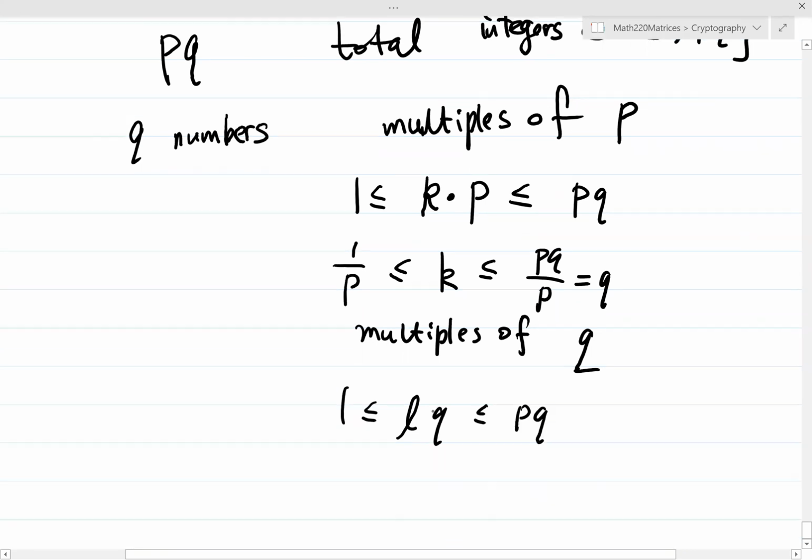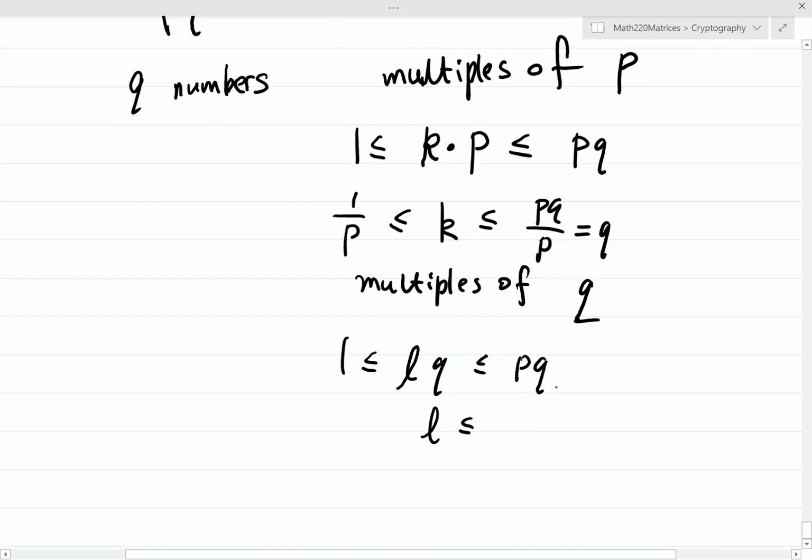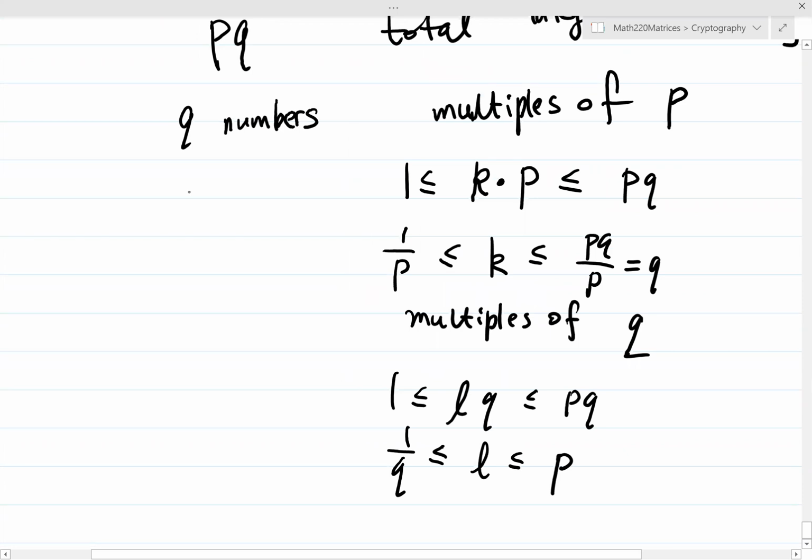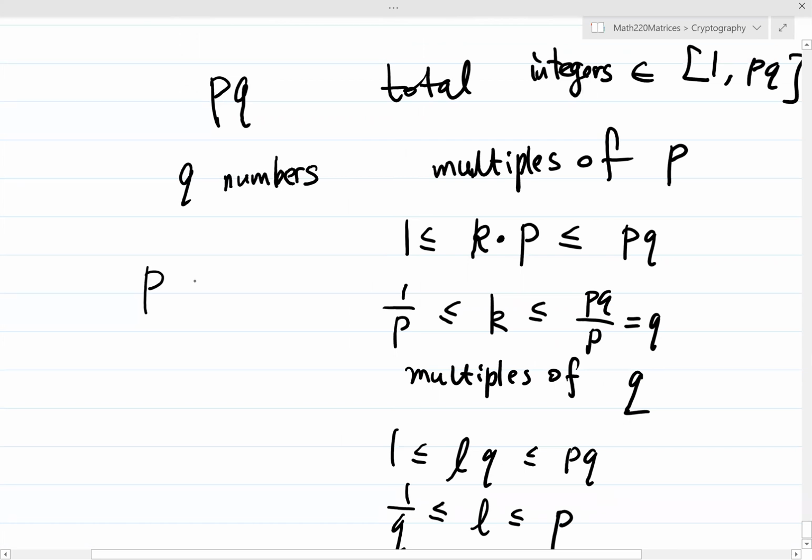Now L is from 1 over Q, which is greater than 0, to P. So L is from 1 to P, and we have exactly P numbers which are multiples of Q.